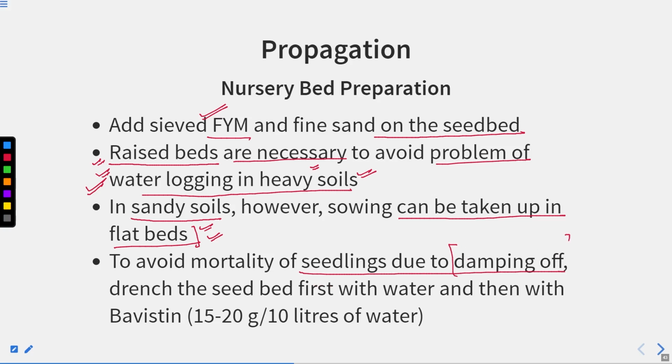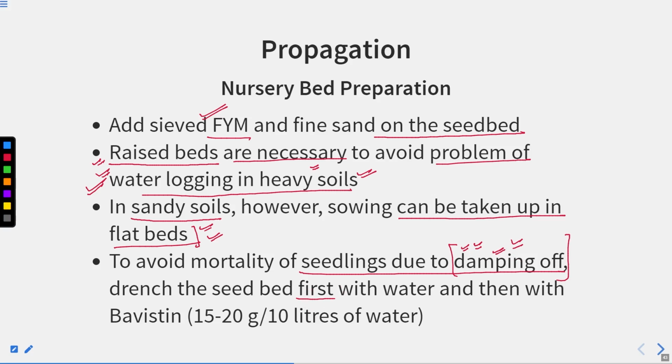Damping off is a disease caused by fungus, right? Pythium and Phytophthora are some of the fungi which cause damping off of seedlings. At the seedling stage, the plants droop, and that is due to the fungus Pythium, Phytophthora, etc. That particular disease is called damping off.